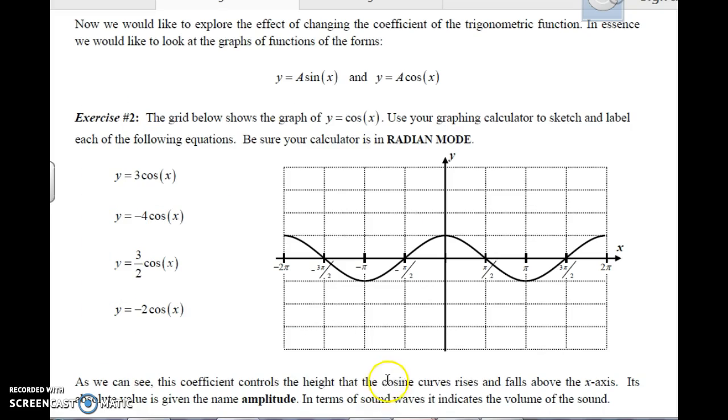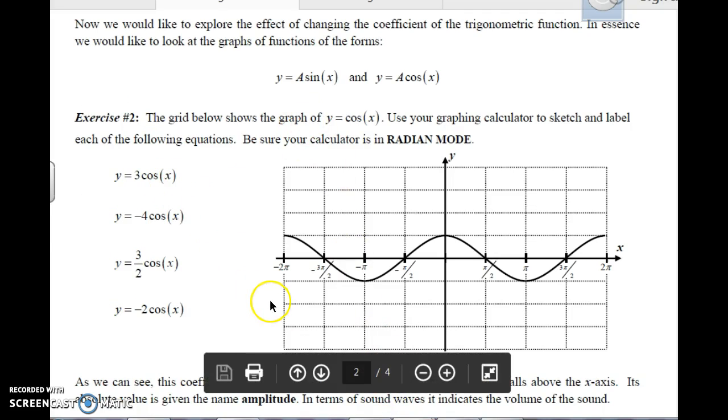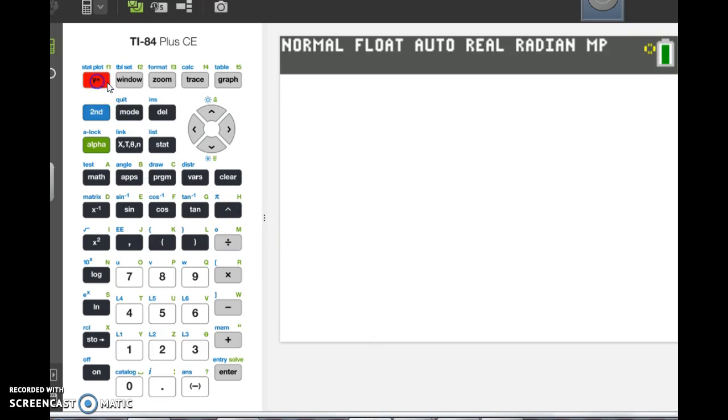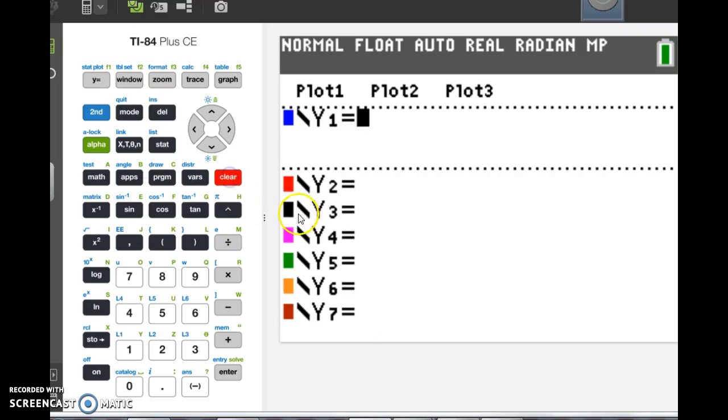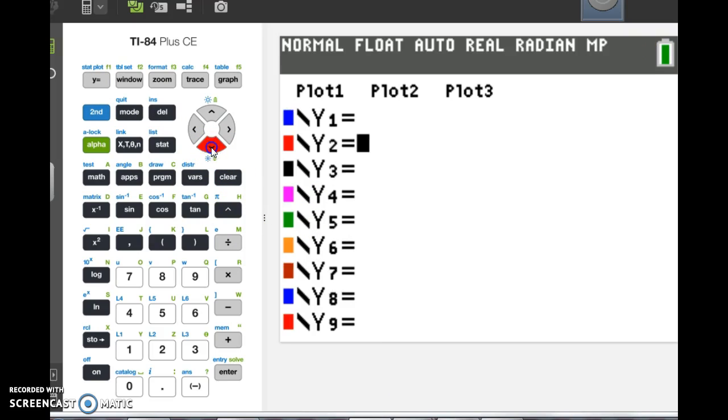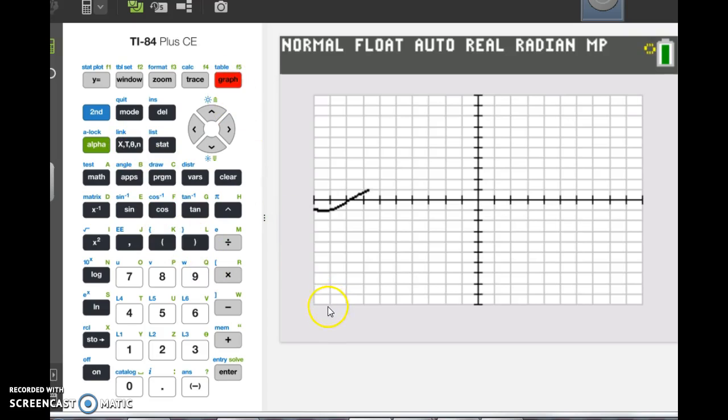Okay, so our first graph, we have y equals 3 cosine x. We have the original y equals cosine x graph here, so let me put that in my calculator so we can compare it. I'm going to put it in the black one down here because that's what's on the screen. So y is equal to cosine of x. When I graph that, it looks like what's on the paper. Let me show you the window.